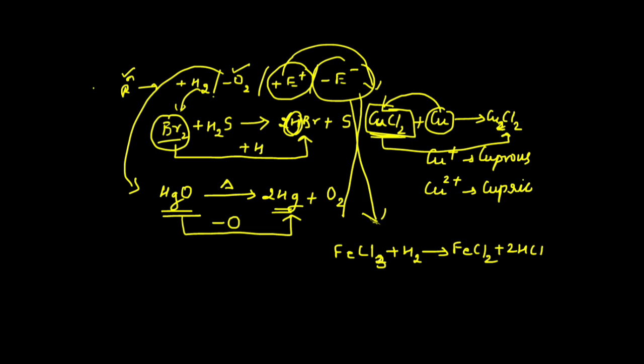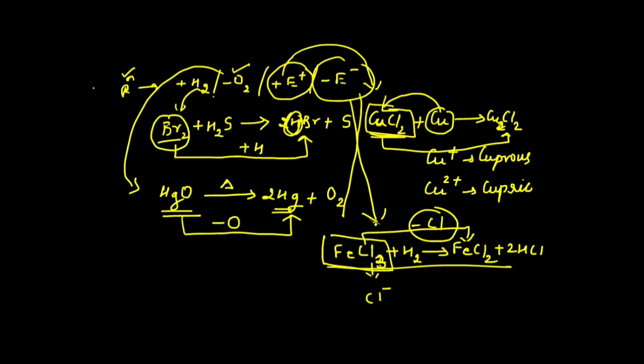So in this case, chlorine is electronegative element because Cl exists as Cl minus. In this case, you observe these two molecules. One chlorine has been removed. So removal of electronegative elements is nothing but reduction. So this reaction is nothing but reduction reaction, and this molecule is undergoing reduction.